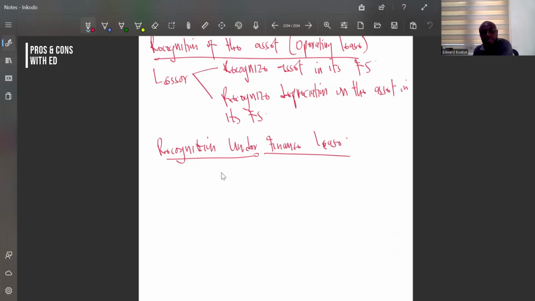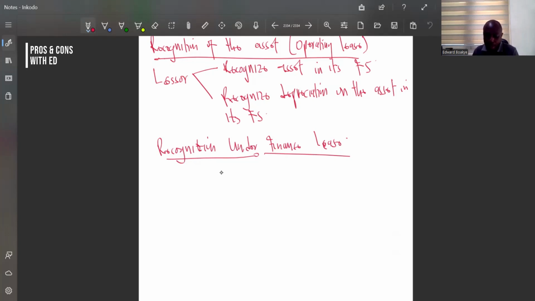But we want to see it in today's terms. How much is it going to be in today's terms? That's why we call it what? A liability. So under finance lease, we have what we call the lease liability. So the payments become what? The present value of the payments becomes what?